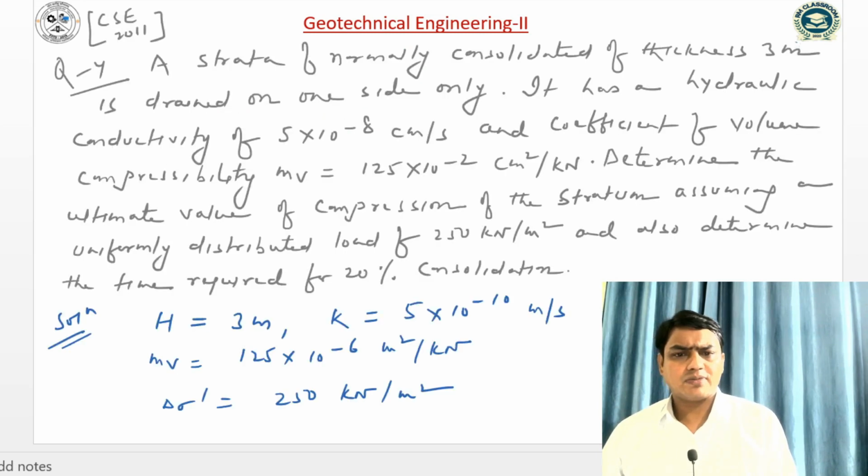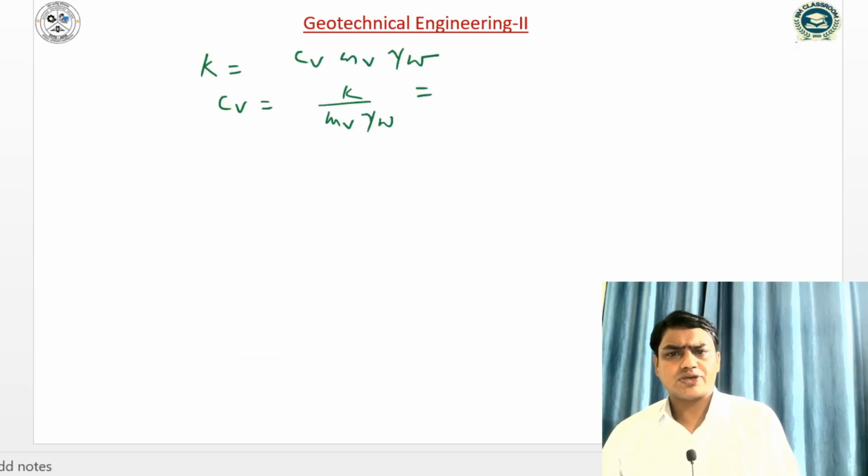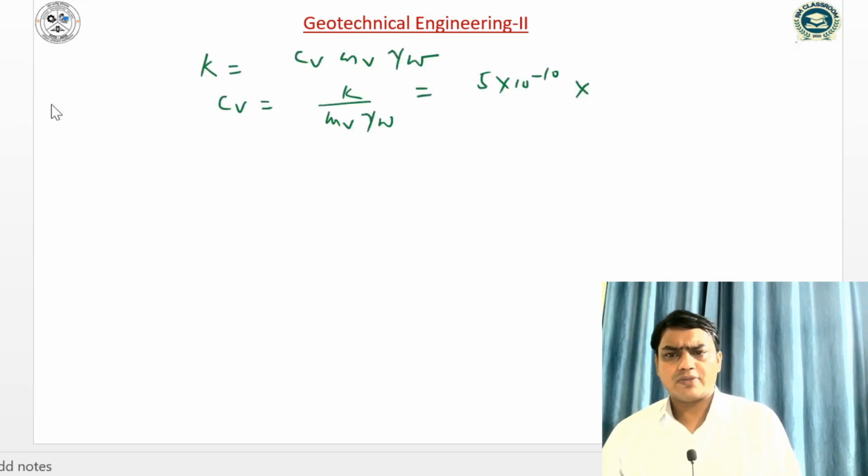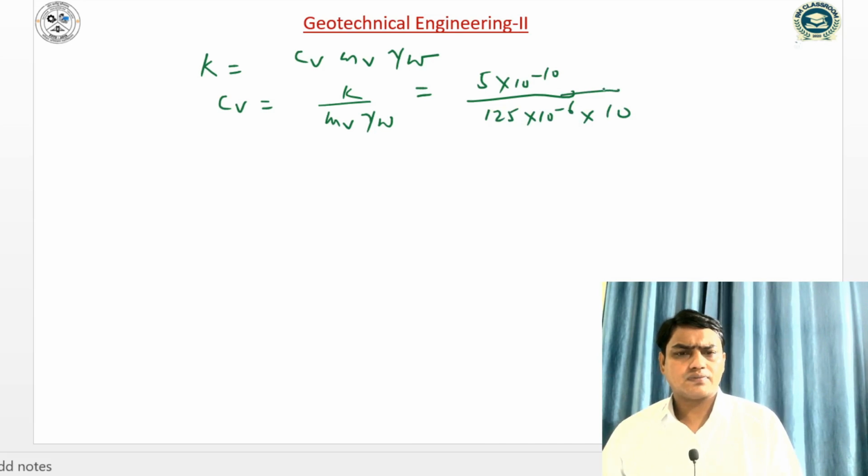The coefficient of permeability is 5 into 10 to the power minus 10, and if I take the unit weight of water as 10 kilonewton per meter cube, then Cv is 5 into 10 to the power minus 10 divided by mv, which is 125 into 10 to the power minus 6, into 10 kilonewton per meter cube.